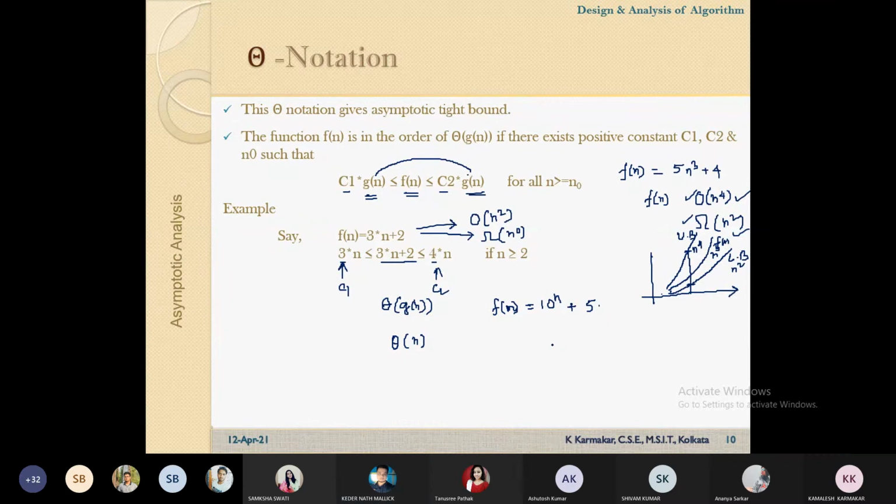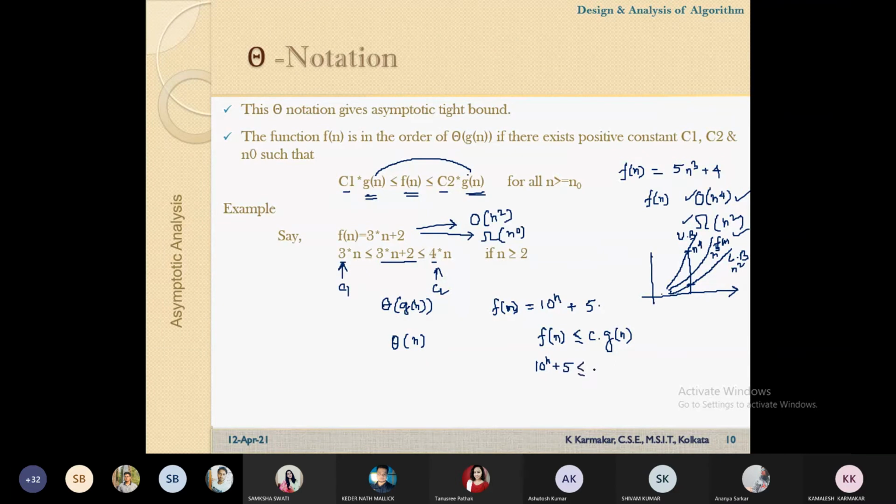Okay. So let us try that. If the given function is this, what will be the value? So Fn equals this. According to the Big O representation, for Fn we have to find a function Gn such that Fn is less than or equal to a constant times Gn. According to the definition, this inequality should be satisfied. Here, Fn equals 10 to the power n plus 5.